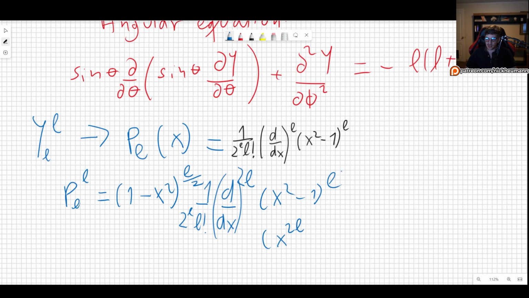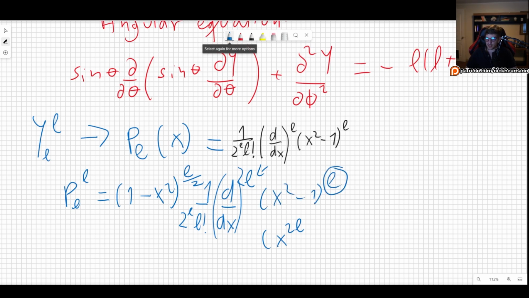If L is equal to 3, for example, you would have (x squared minus 1) cubed, and the highest power of x would be 6. That means you take 6 derivatives, so only the first term will survive. Every other term in this polynomial will eventually go to 0 after you take 2L derivatives.